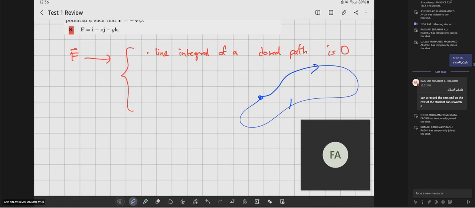And if the line integral of this path is 0, and this is true for any given path, not just this, I can have a path like this, or something like this. You can take any closed path, and if the line integral is 0 for all those closed paths, then F is said to be conservative. Let me just write this: conditions for conservativeness.